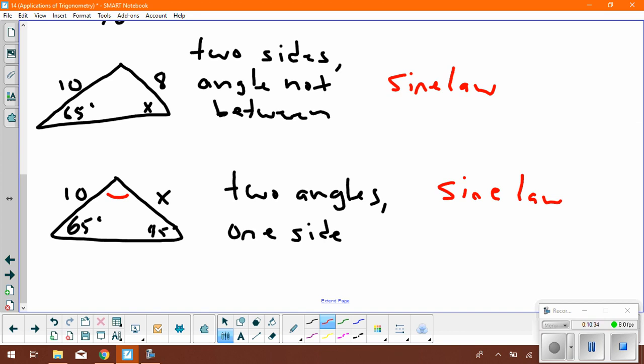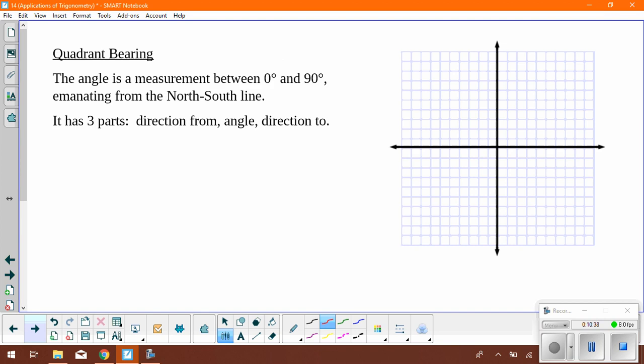So the other thing I want to talk about with you, and this is the part that has to do with bearings, is typical navigation bearing is what's called a quadrant bearing. So the way these are written out is that you have an angle between 0 and 90 and usually start from north-south.